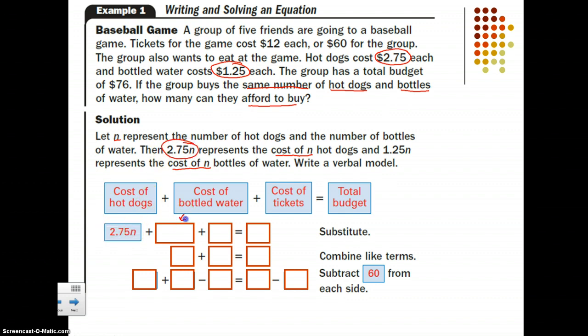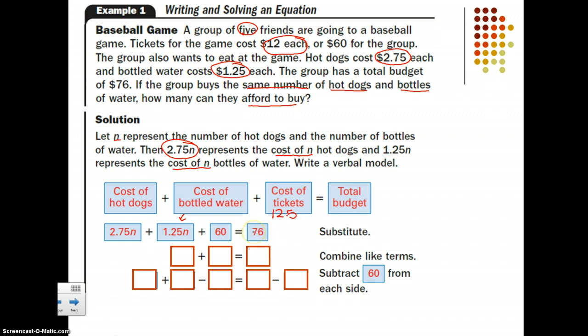The cost of the bottled water is $1.25 times n. We don't know how many bottles of water we're going to buy yet. And the cost of the tickets is $12 each, which means how many people are going? 5. So that's 5 times 12, which is 60, for a total budget of $76.